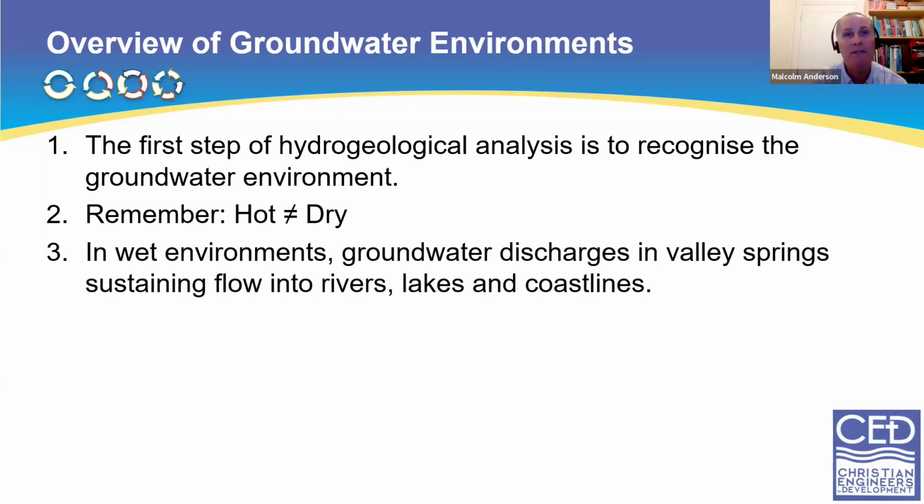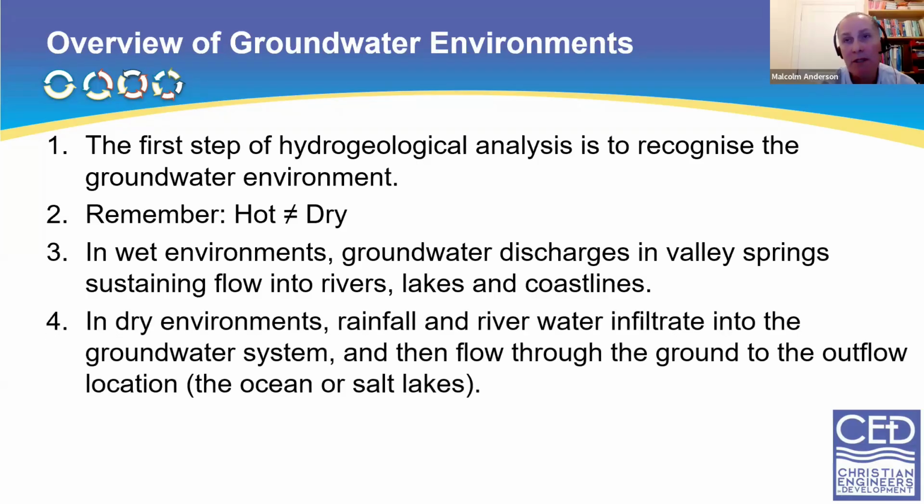Now, the key thing about wet environments is that the groundwater overflows and will typically have a short flow pathway from locations of hills to the nearest river or spring discharge. In other words, it's essentially a shallow flow system, and those springs sustain the river flows, and you get continuous perennial rivers that flow through lakes and down to the coastlines.